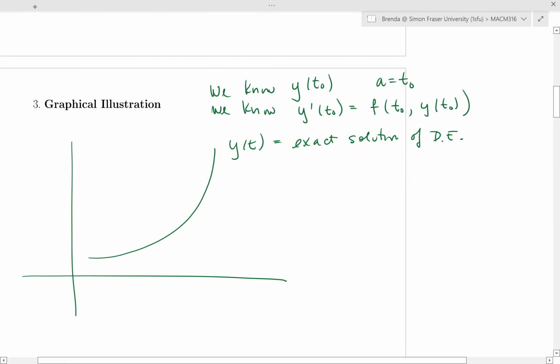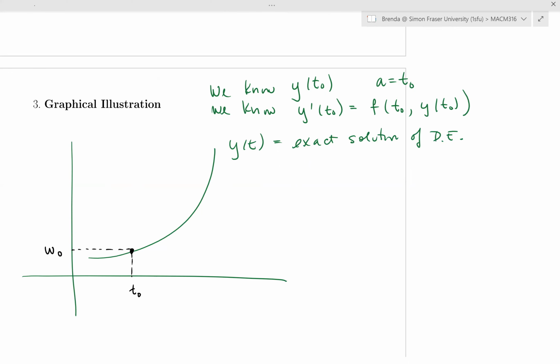We have an initial condition, given to us at time t0, the wave height at time t0. That becomes our first approximation, w0, which is y at t0.